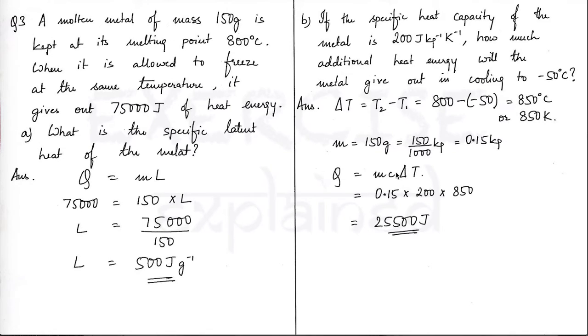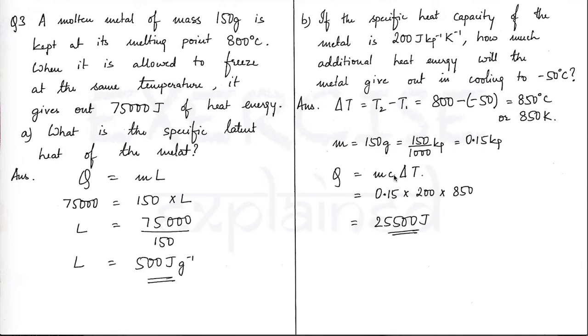I use Q is equal to mc delta T because there is only change in temperature. There is no change in phase. If there was a change of phase involved, I would have used m into L. So m is 0.15, that comes over here. C is 200 because it is given in the question.